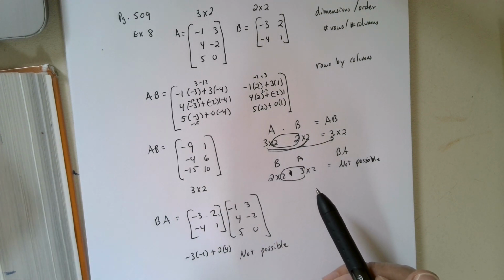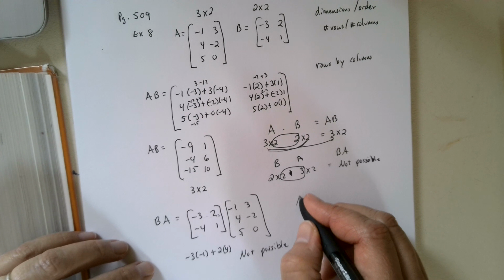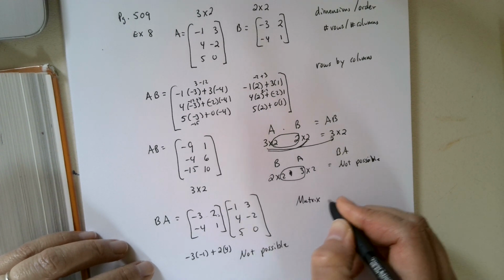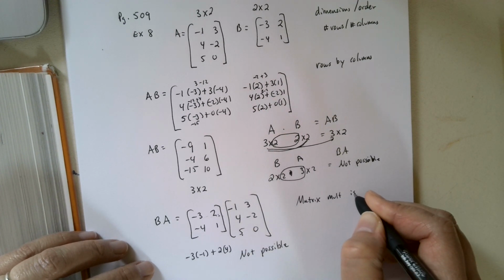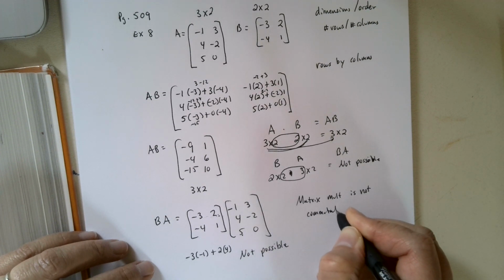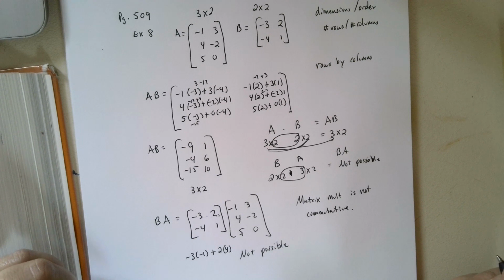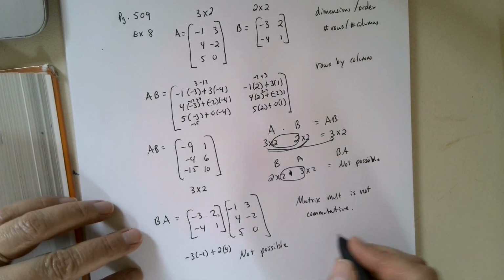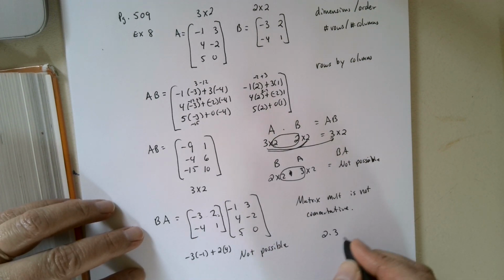So the first thing that means is that matrix multiplication is not commutative. Remember that the commutative property says that if you multiply 2 times 3 and 3 times 2, you get the same answer.